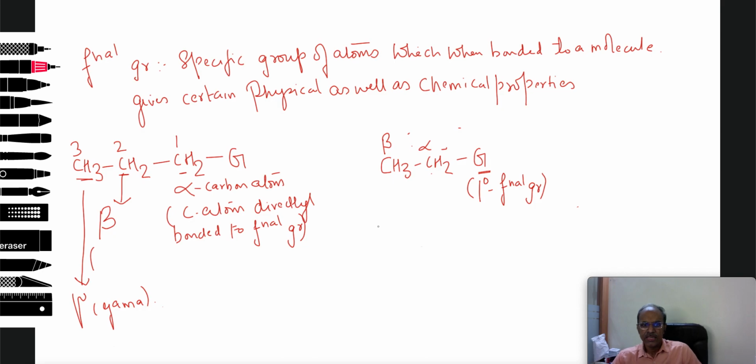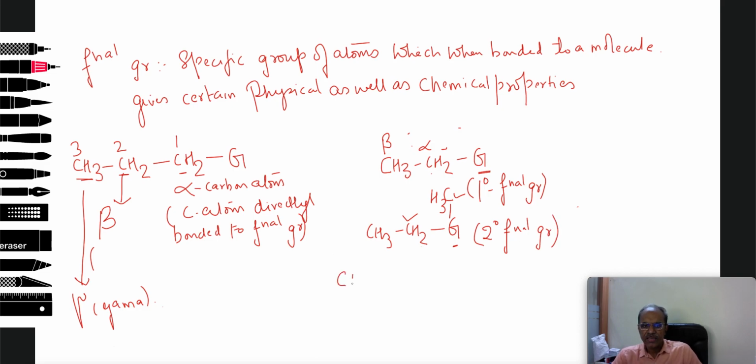Fine. Similarly, CH3, suppose CH2, this is G. This is bonded to some other carbon atom. Now this is bonded to two carbon atoms, this and this. So this is known as secondary functional group.